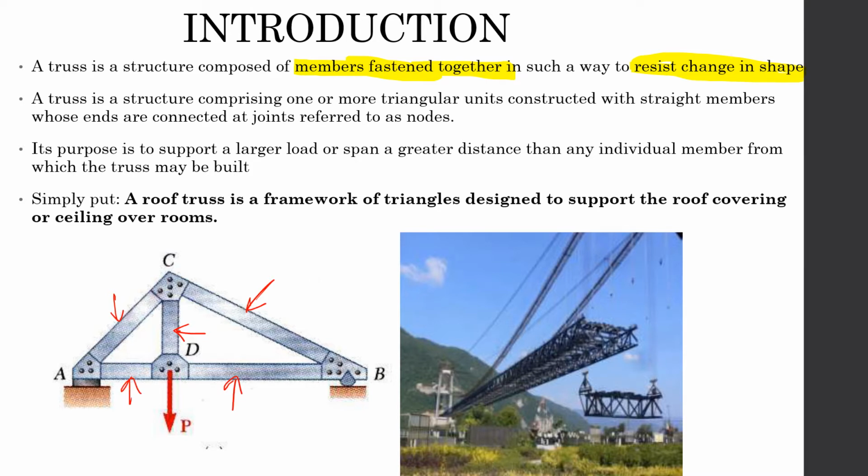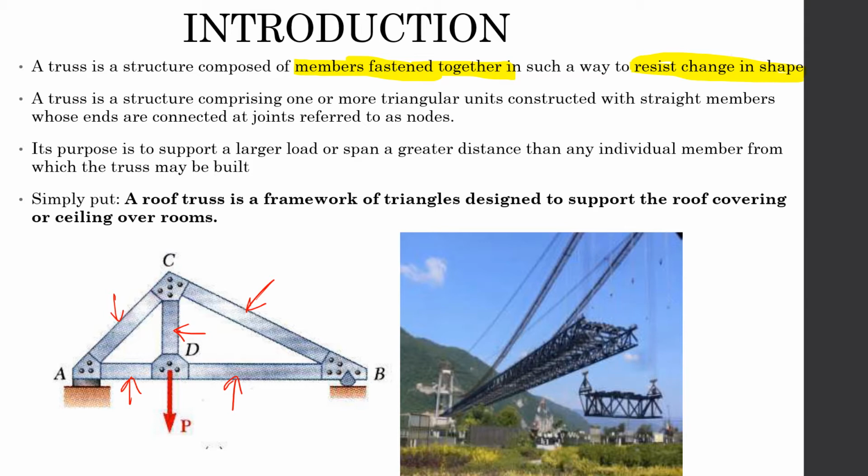This is just an exemplary picture in which you can see that there are five different members which are joined together so that when pressure is exerted, it does not leave its place. None of the members will leave their place upon exertion of force on this structure.